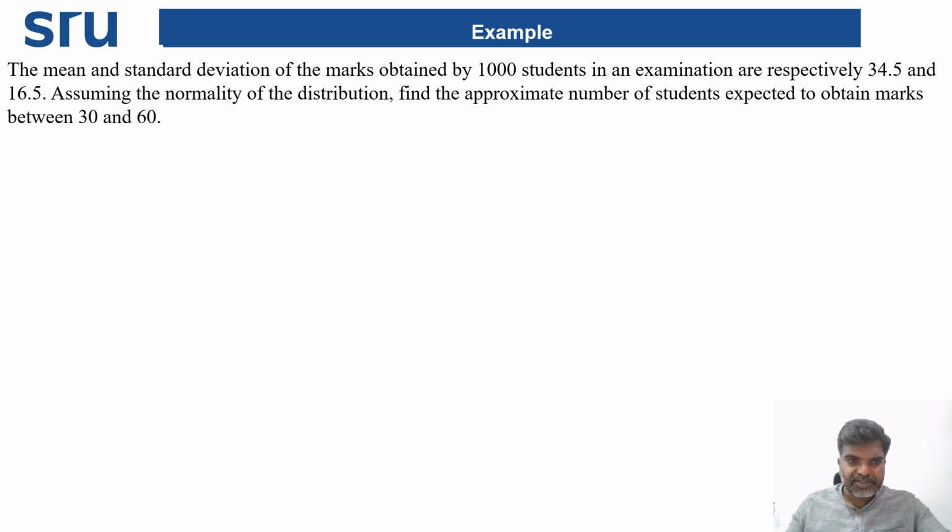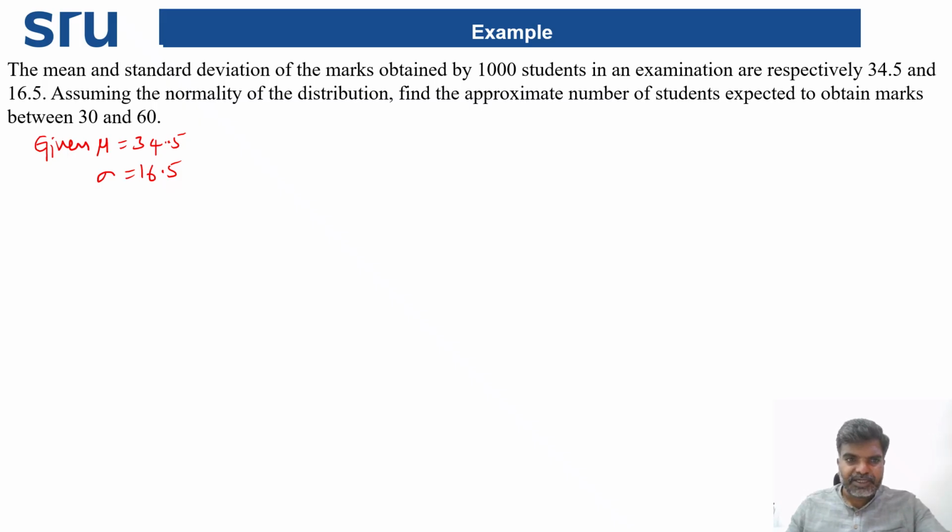What are the given values here? The mean mark of the 1000 students is 34.5, and the standard deviation is 16.5.